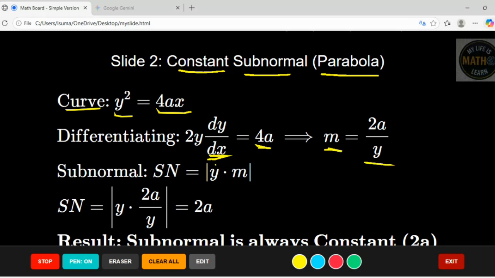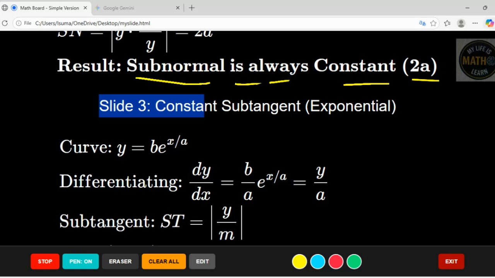Substituting y and m equal to 2a by y, SN is equal to y into 2a by y. The y will be cancelled, leaving 2a. Here 2a is a constant term. So the subnormal is always the constant 2a.